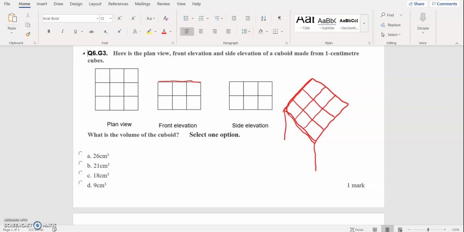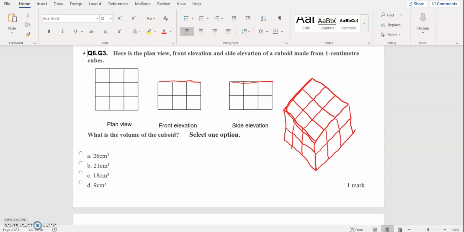So we'll keep the lines parallel. To make it more accurate. And we have the side elevation, which has 3 centimeters at the top, and then 2 going down. This is not perfect, but it gives you an idea.